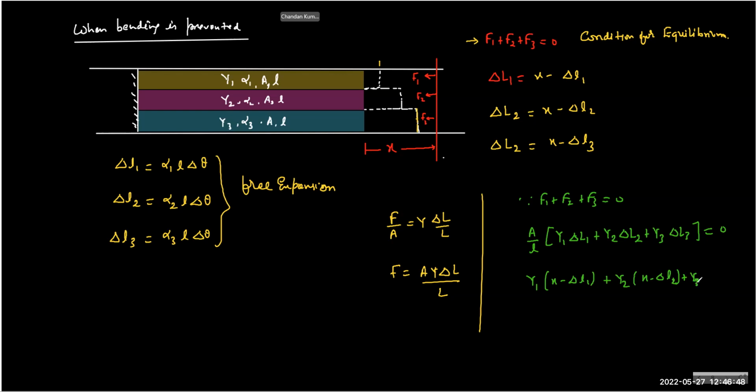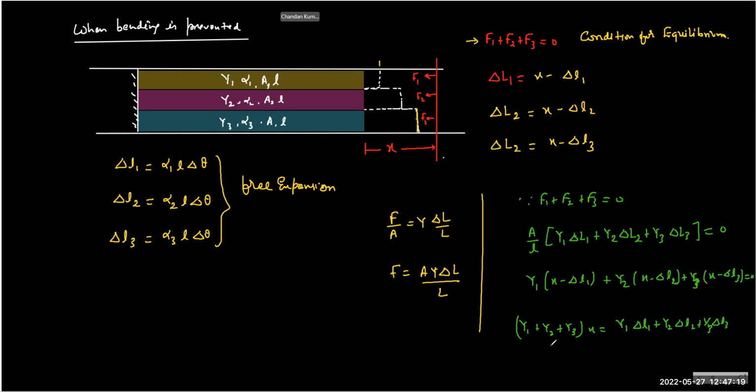And this way of derivation you can do for a tetrametallic strip or a pentametallic strip, it doesn't matter. So no need to worry about which one will expand more or less. Just think of x as bigger than all three, and then solve it. So what you get is something really nice. The answer is Y1 delta L1, the free expansion, Y2 delta L2, Y3 delta L3.